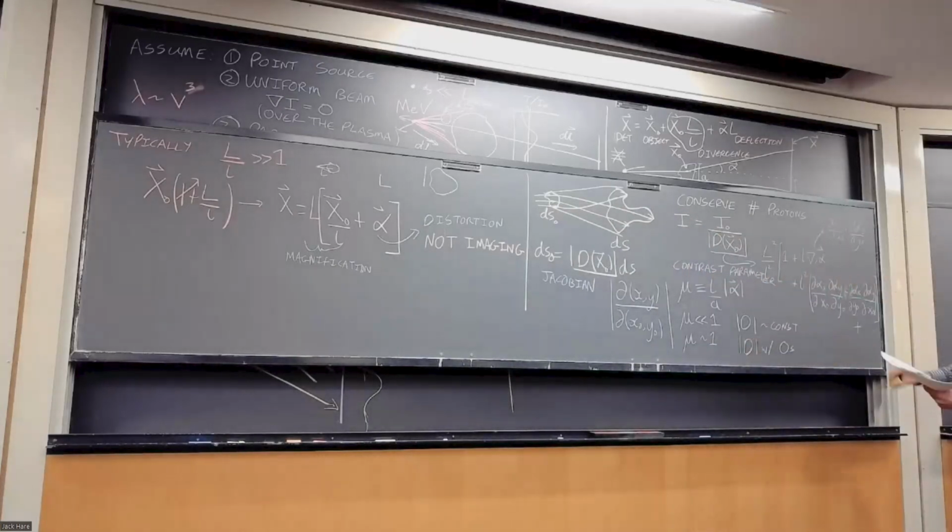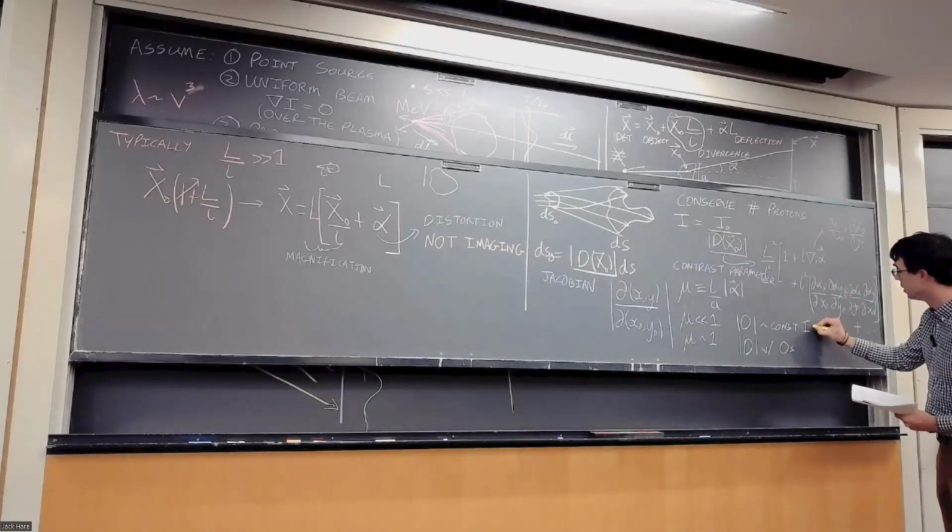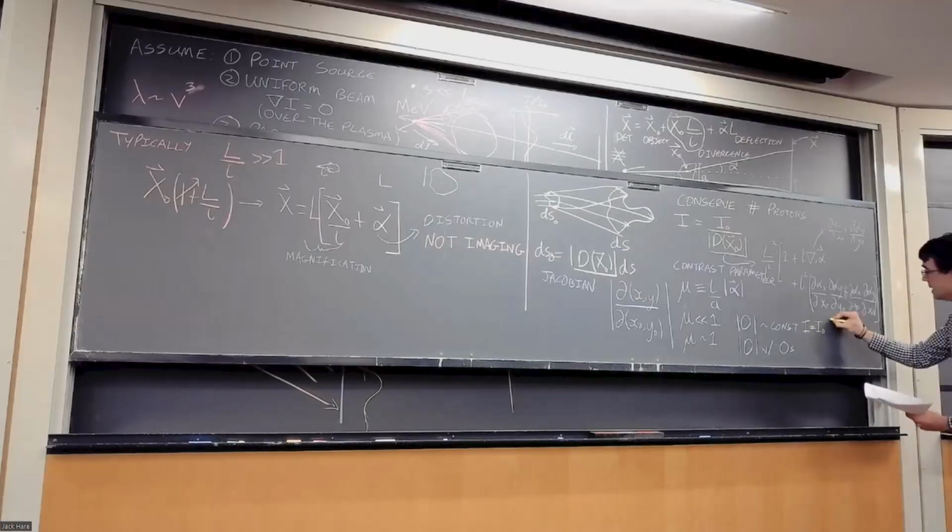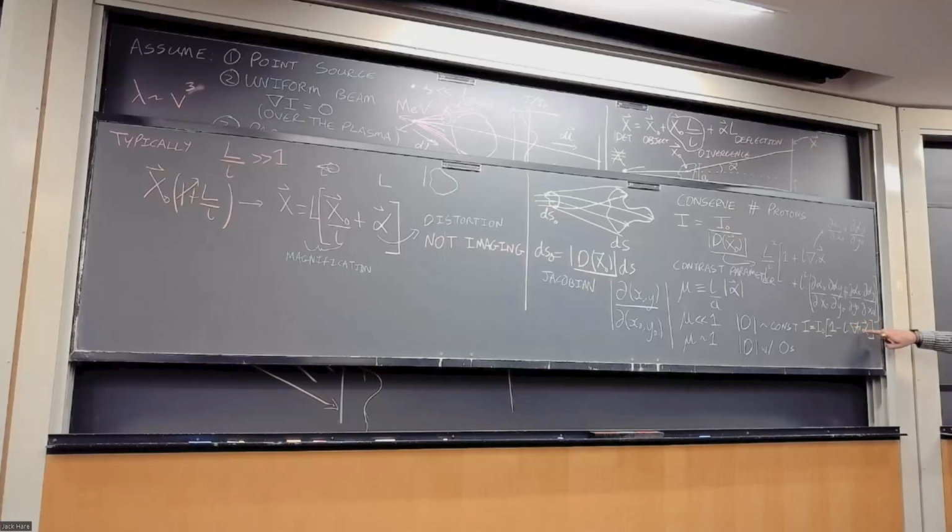So in this case, you can show that your intensity on your detector is equal to your source intensity times 1 minus L divergence of alpha. This is equivalent to the equation we came up with for radiography, where we've implicitly assumed that all of these terms are very small.